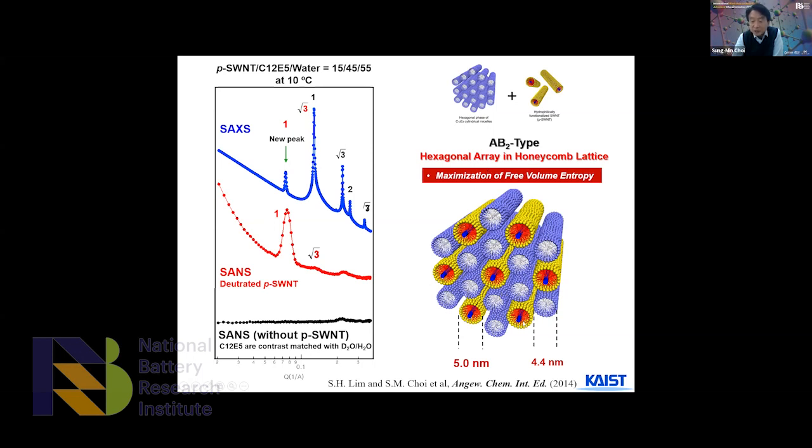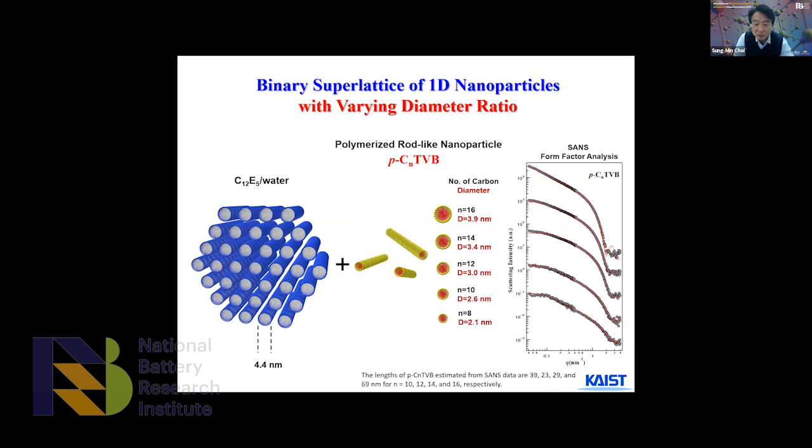They do this to maximize free-volume entropy. The main reason is the size ratio difference. And then we go further. What if we change the diameter of the nanotube, the yellow tube, by controlling the diameter ratio between these two tubes?